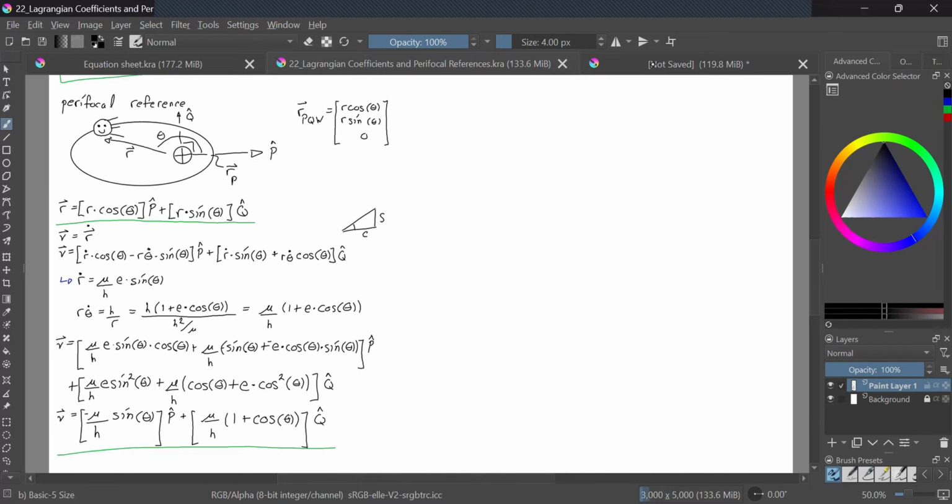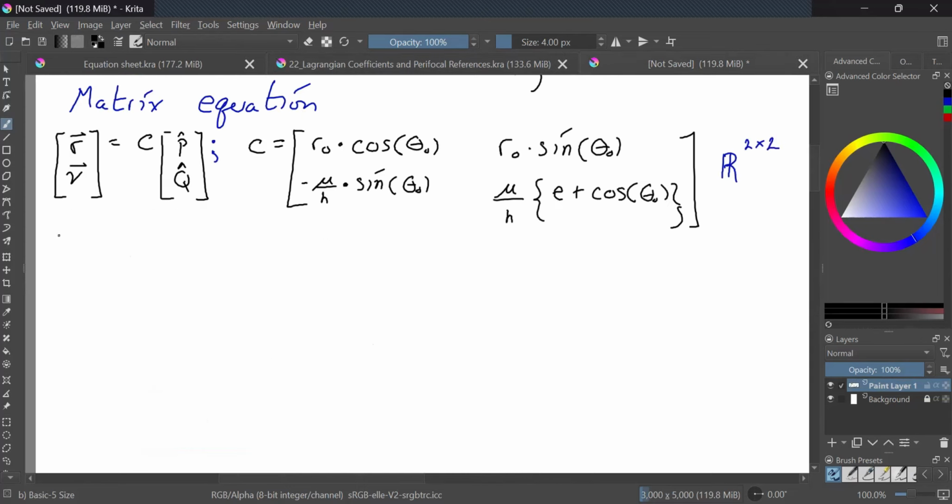I guess the way I want to describe it is the most straightforward way of doing that is to define P and Q. We want to define our P and our Q in terms of the initial R and V vectors.